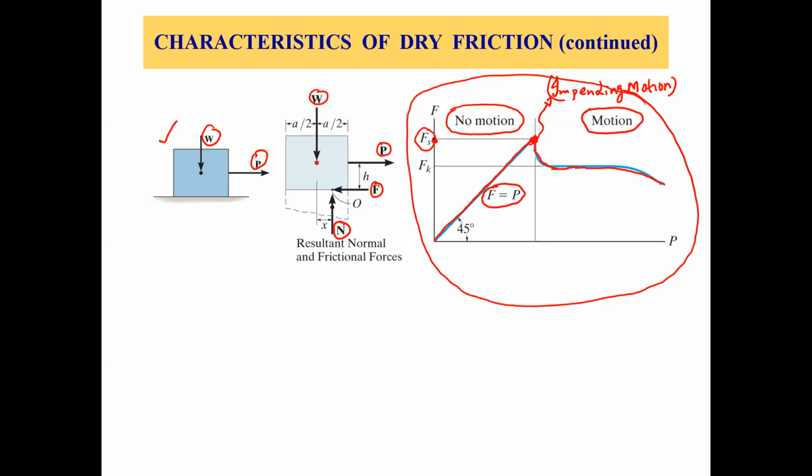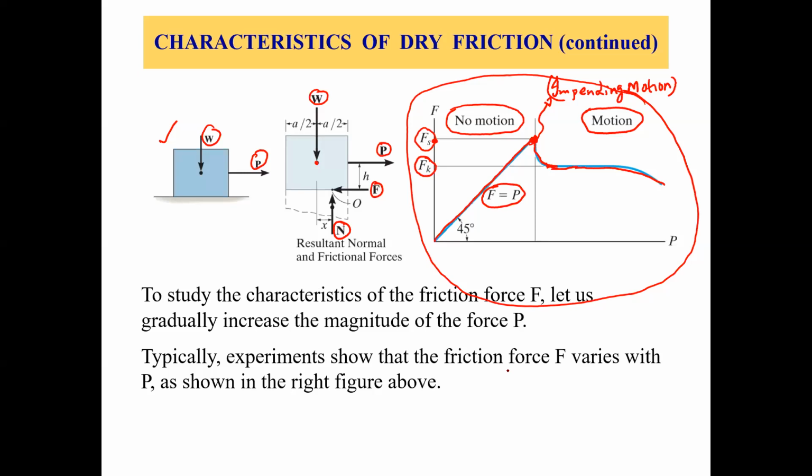And once we are in this motion range, then we call it Fk, which is the kinetic friction force, right? So static friction force is until we have no motion or until the impending motion point. And after the impending motion point, we have Fk, which is the kinetic friction force, right? So that's how we can explain this plot.